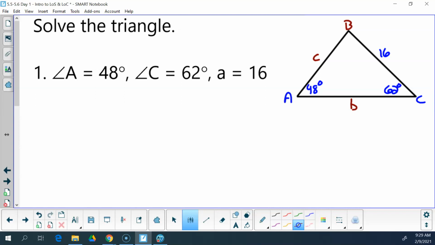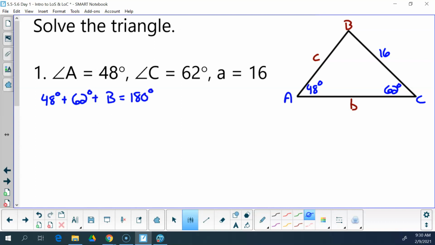Anybody have an idea how we can find one of those? Lexi, I saw your hand first. Measure angle B. And refresh my memory, the three angles of a triangle need to add up to be 180 degrees. Exactly. So 48 degrees plus 62 degrees plus angle B has to be 180 degrees.